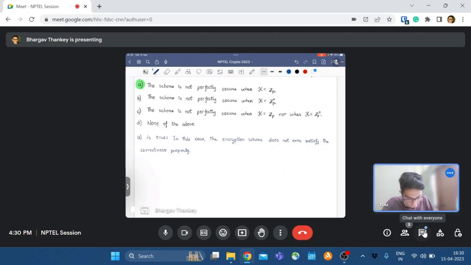The correctness property is not true, that is, there exists a message, key such that the decryption with respect to the key of the encryption is not equal to the message.